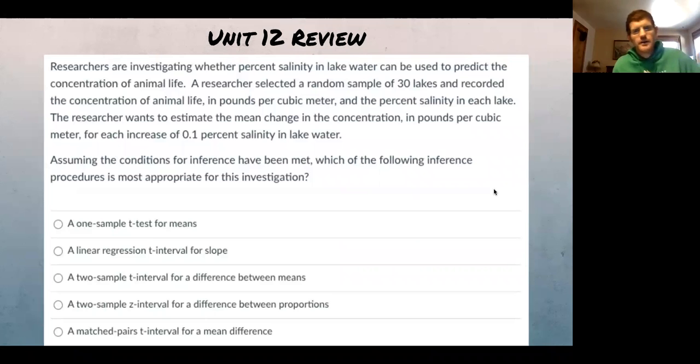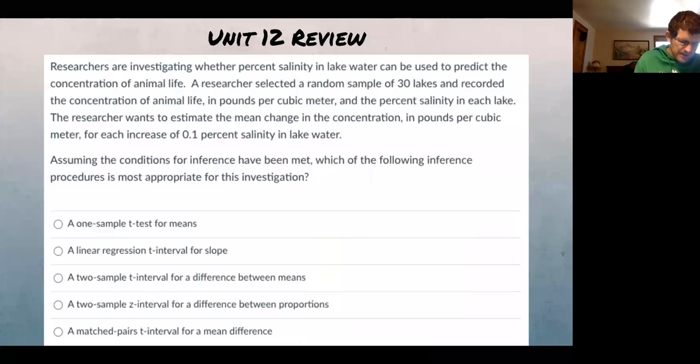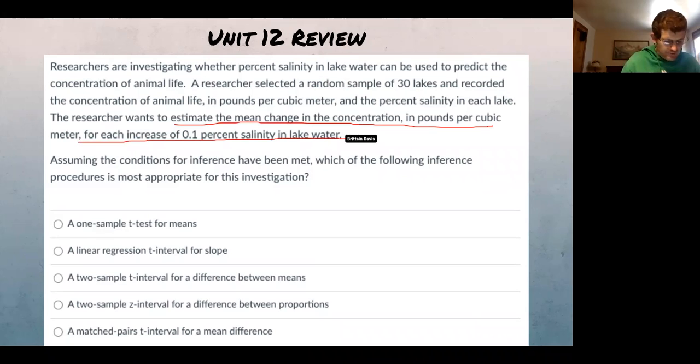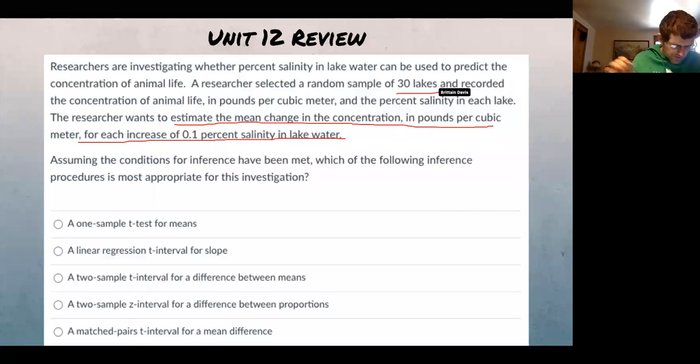In this one, we are trying to figure out, and notice right here that we are estimating the mean change in concentration for each 0.1% salinity in lake water. So this is talking about concentration of animal life. And we got a sample from 30 lakes, all well and good.